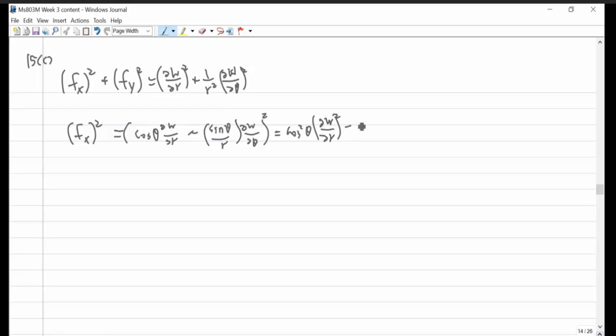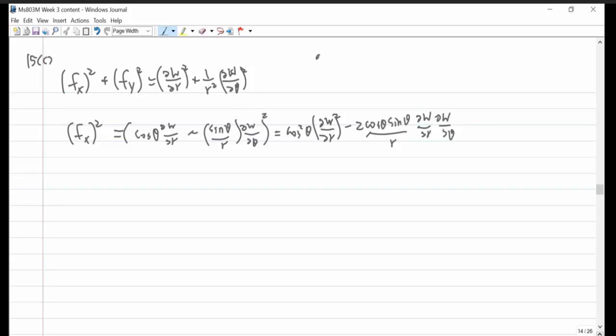Then minus 2 cosine theta sine theta over r, partial differentiation of w with respect to r, and partial differentiation of w with respect to theta.